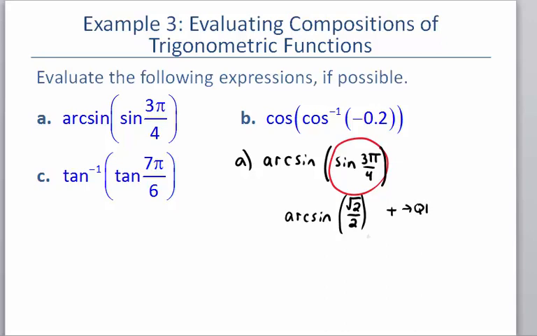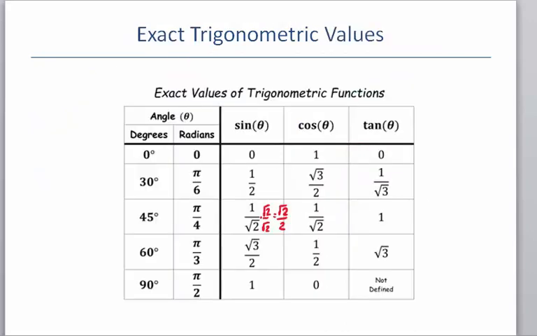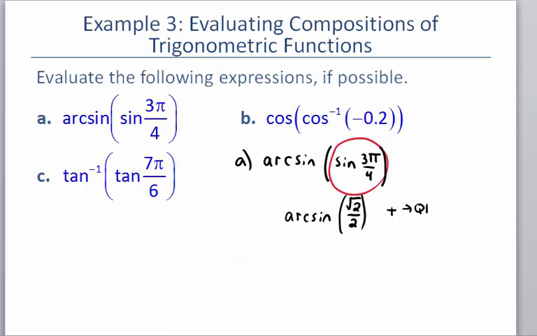So I need a quadrant 1 angle that has a sine value of square root of 2 over 2. So here's my sines. Here's square root 2 over 2. The angle going with it is pi over 4. And so the answer to the problem then would be pi over 4.